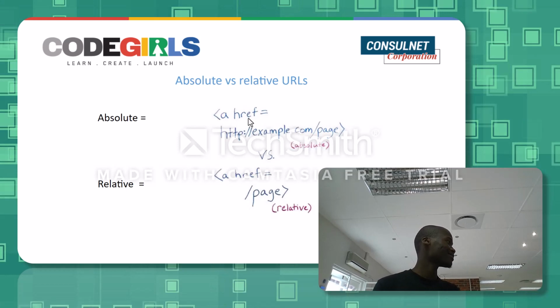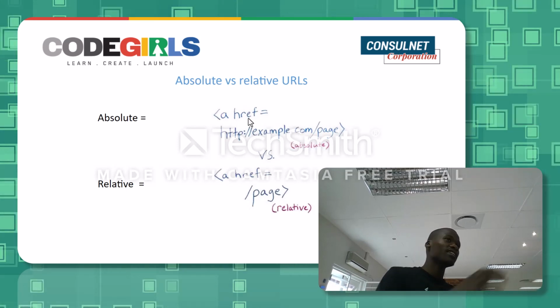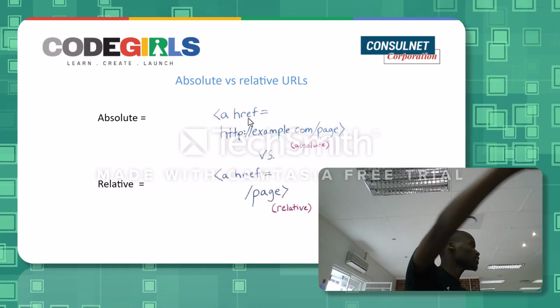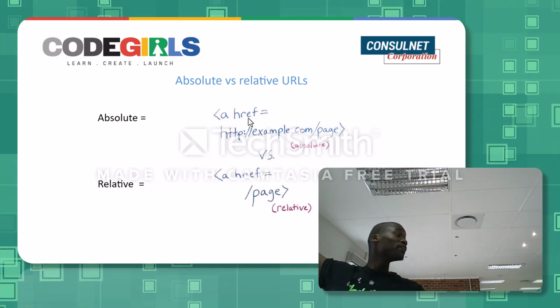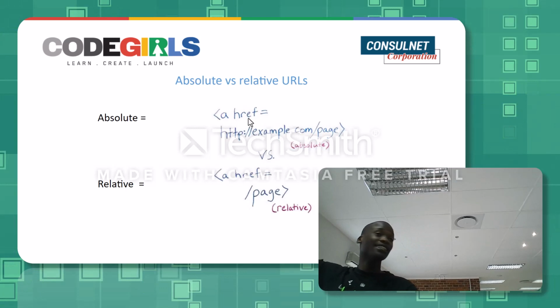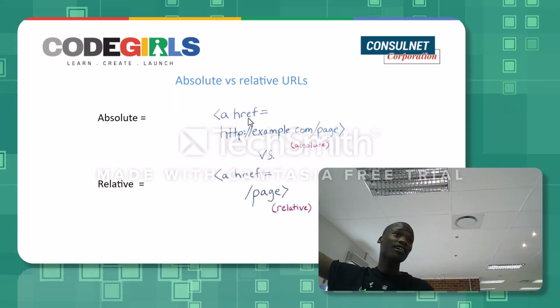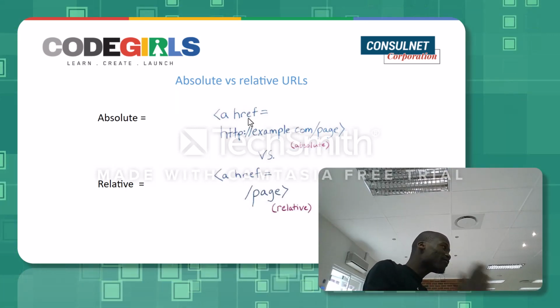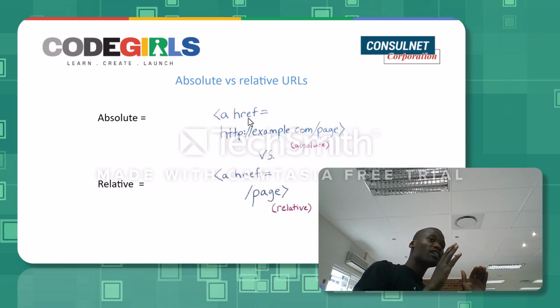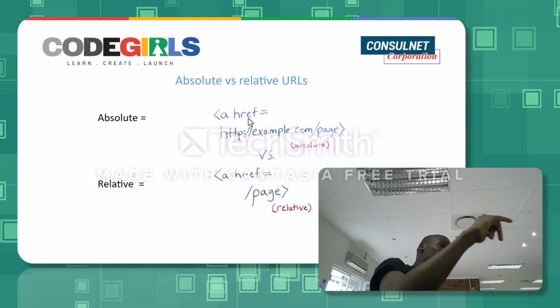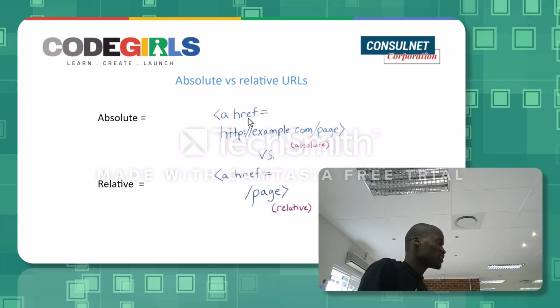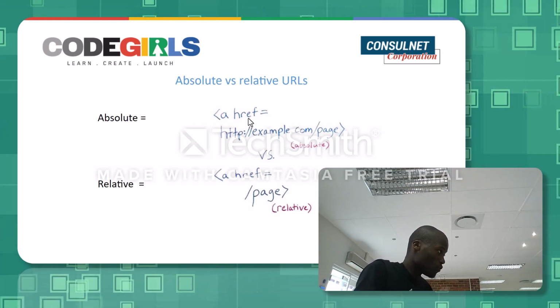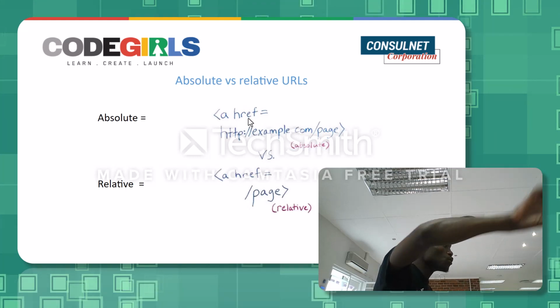I just go and grab the absolute link and put it there. But the difference between the absolute and the relative is that the relative doesn't have the HTTP protocol because it's a file system. You are accessing something within your files. With HTTP, you are communicating with an external server. It might be this server right here, hosted here. It might be a server that is hosted in America or whatever place.